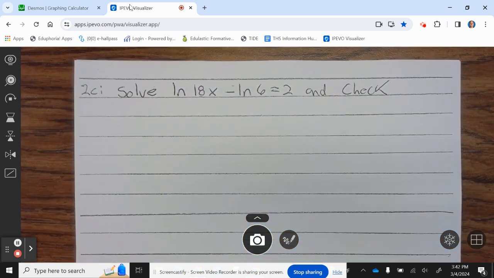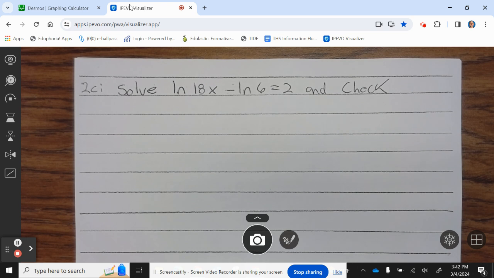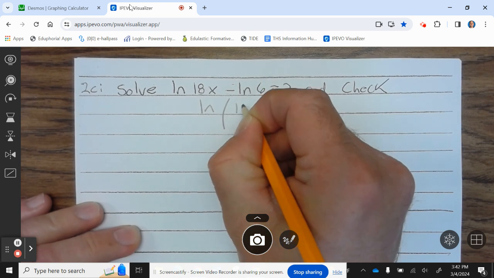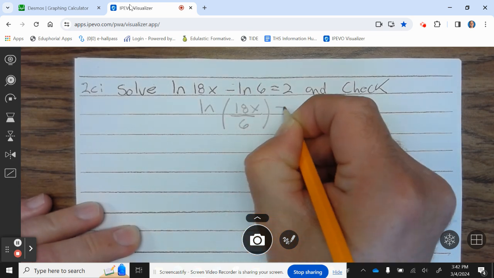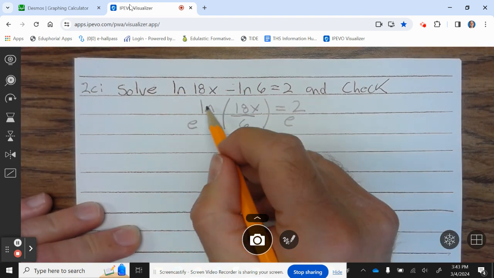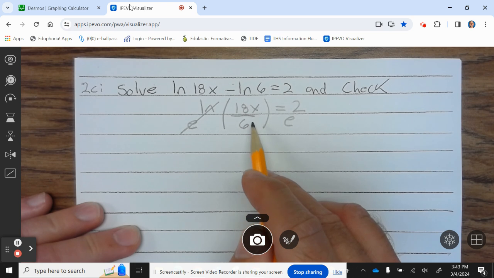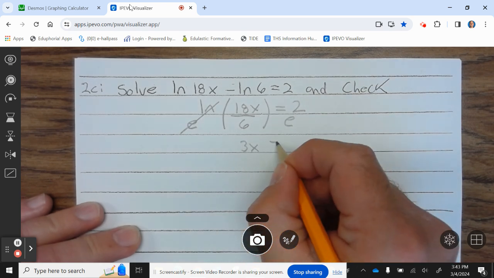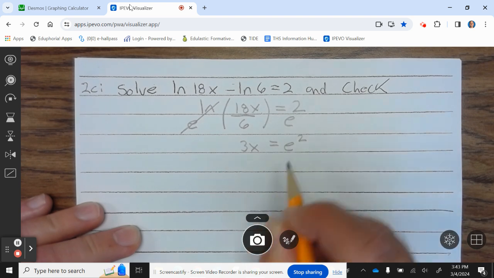2c. Solve ln of 18x minus ln of 6 equals 2. Okay, so I can rewrite this as ln of 18x divided by 6 equals 2. We raise both sides by e. This cancels. 18x divided by 6 is 3x equals e squared.